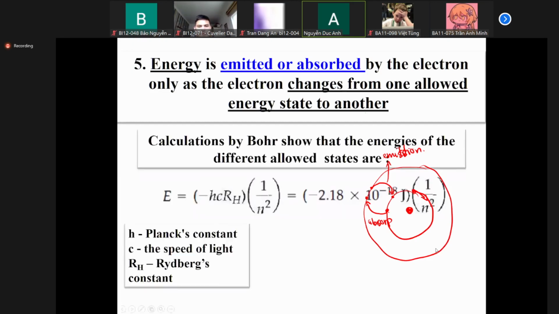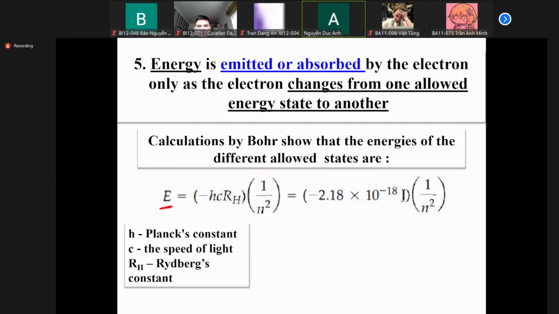So coming from that, Bohr can recalculate the Rydberg equation, and he considers the energies of the orbit.